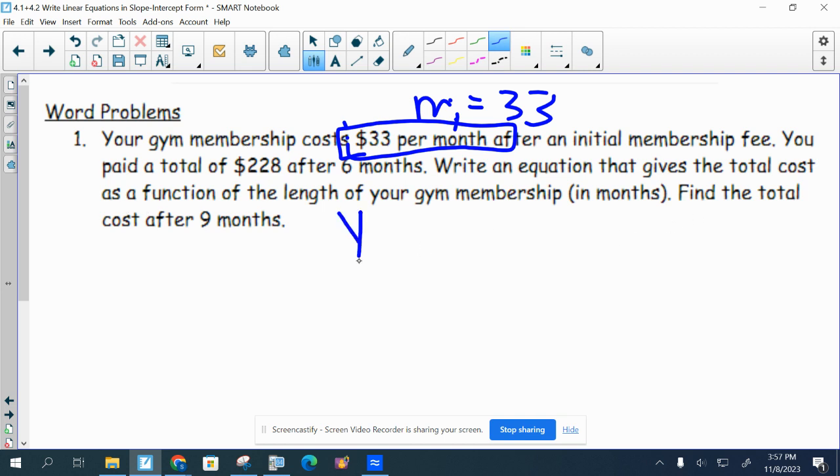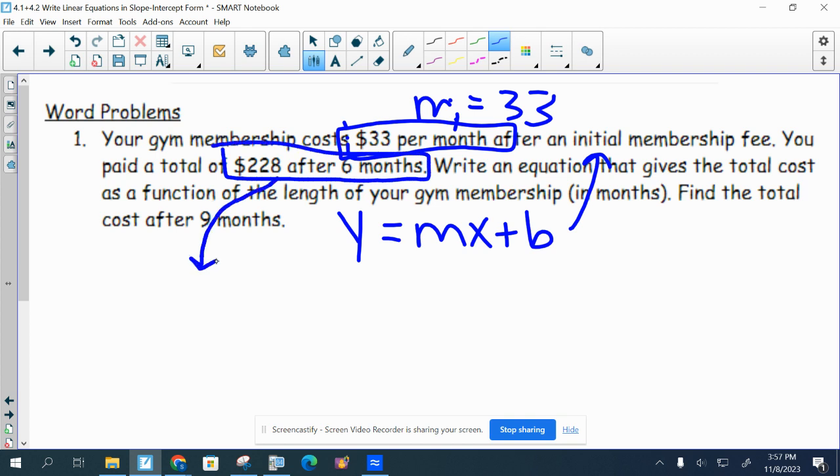So our equation is y equals mx plus b that we're going to write it in, where m is the monthly rate and b is the initial membership fee. They did not give us the initial membership fee. However, they did give us another point in time, so $228 after 6 months. So if we write that as a coordinate, then we can treat this as we did the other problems.